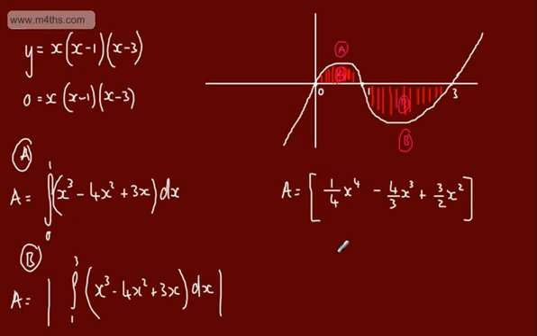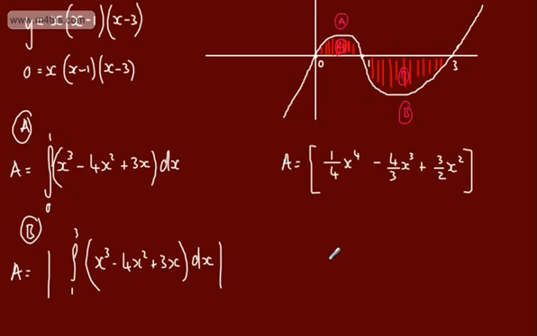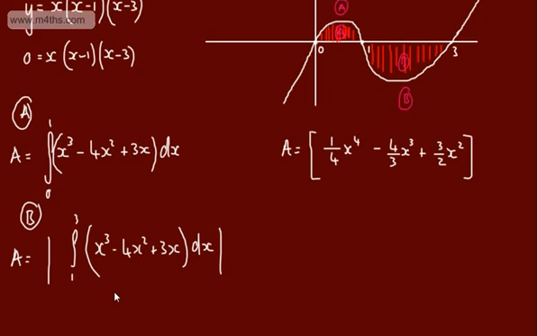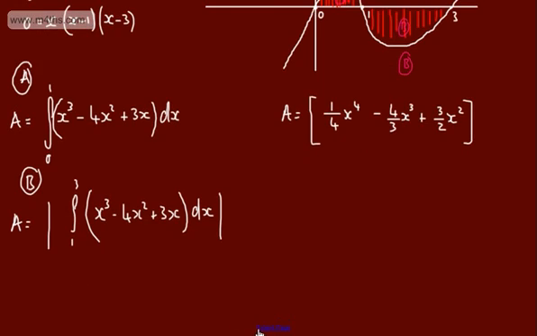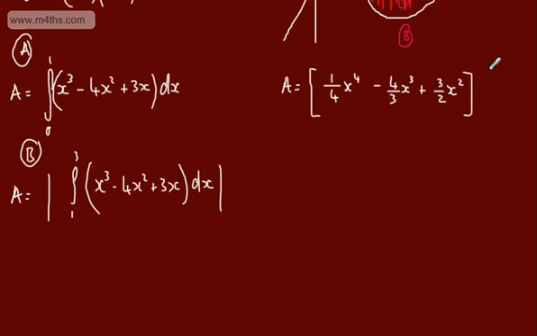So on the first one, what we're looking at is the integral from 0 to 1, and on here the modulus of the integral from 1 to 3. And you'll notice that we're going to be evaluating the 1 twice, so we can simply use the values again. So let's do that now for A, and in the exam you would show that you're doing this. So this is going to be 1 and 0.